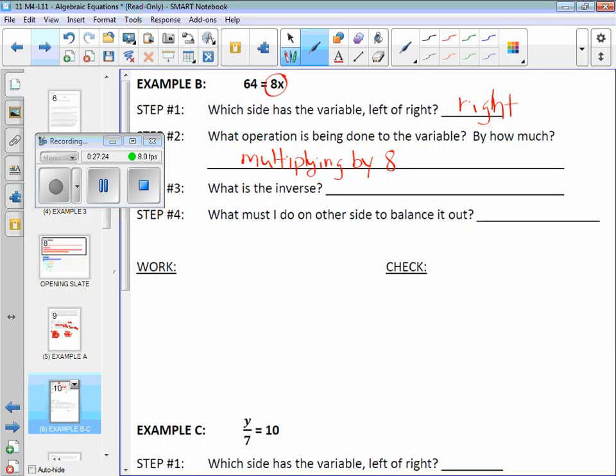What's the inverse of multiplication? Right. Division. And if we're multiplying by 8, we've got to divide by 8. If I'm going to divide by 8 on the right side, what do I have to do on the left side to keep it balanced? Correct.